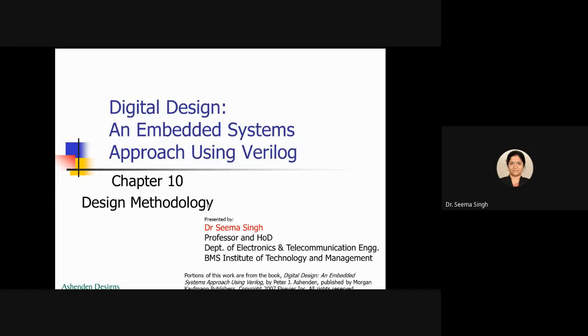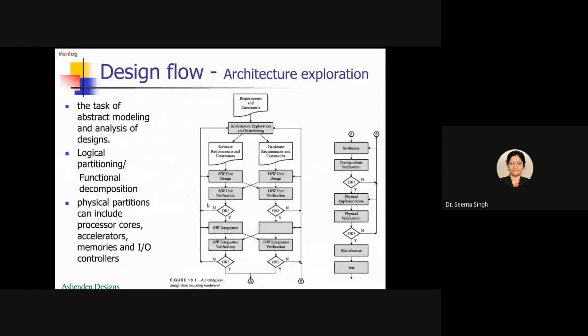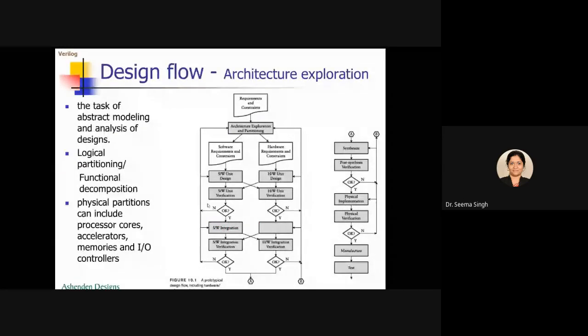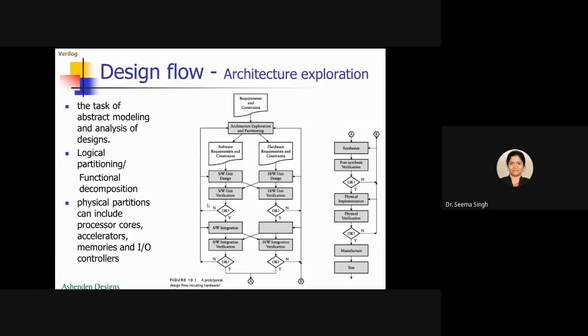In the last class, we saw the design flow and basically the partitioning part, how the software flow process is mapped with the hardware flow, and how it is taken care of before we start the complete design flow.